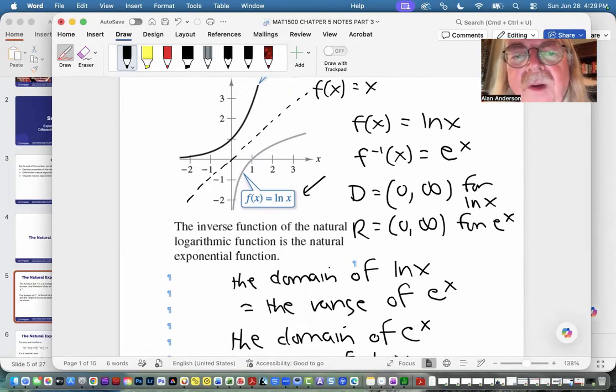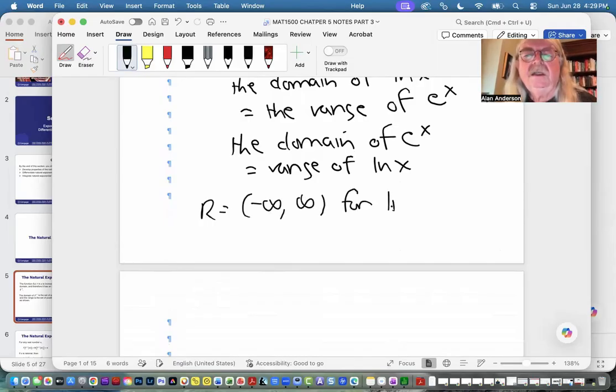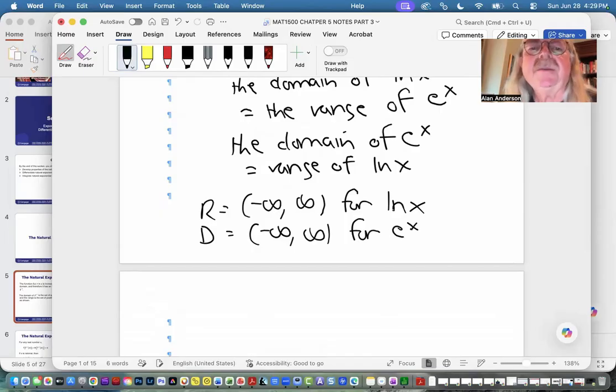And of course, the range for the natural log is all real numbers. And of course, that indicates that the domain is also all real numbers for e to the x. And you can see that by looking at the graph.